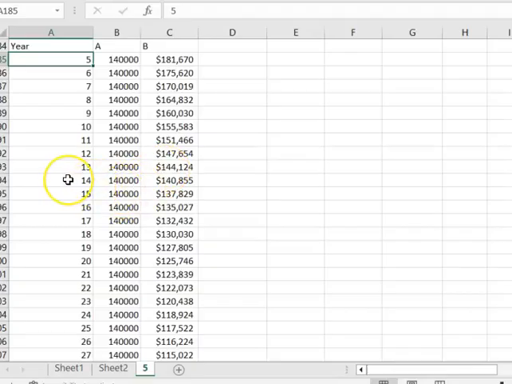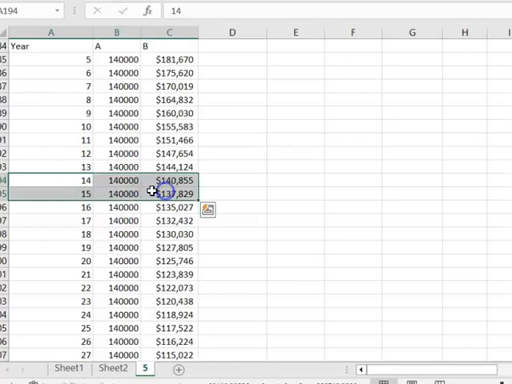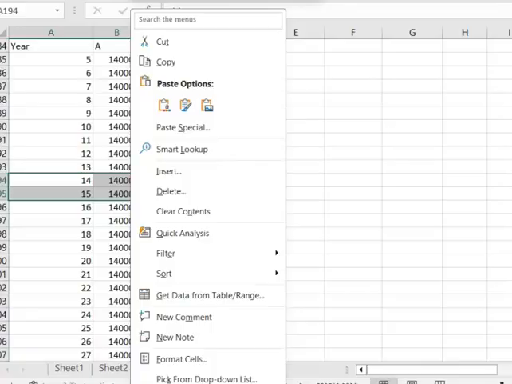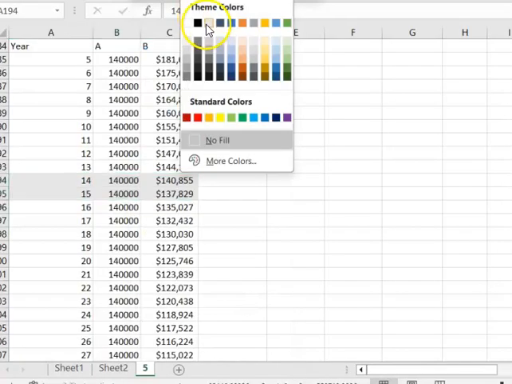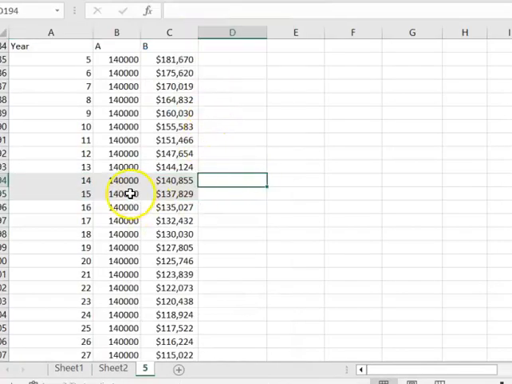Okay, we notice that the break-even happens in this range. Why? Because in 14, two-stage is more expensive, and in 15, full capacity is more expensive. So it is something between 14 and 15 years.